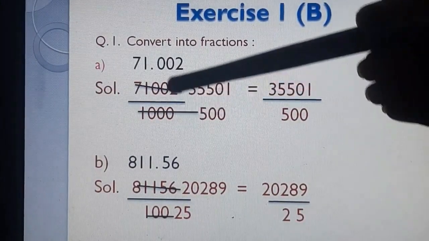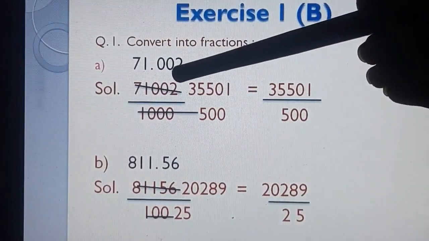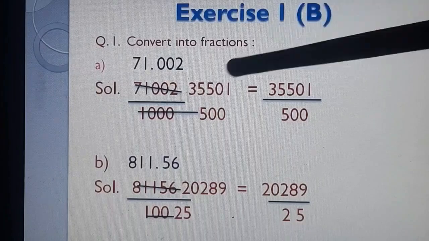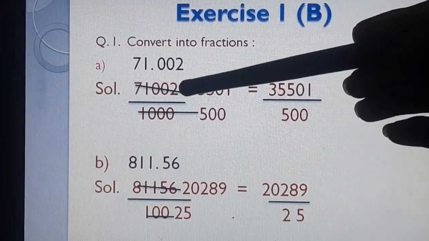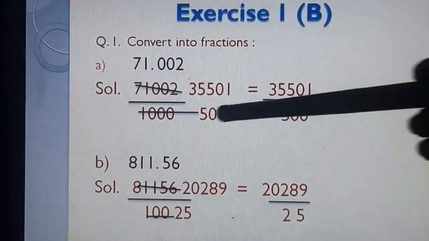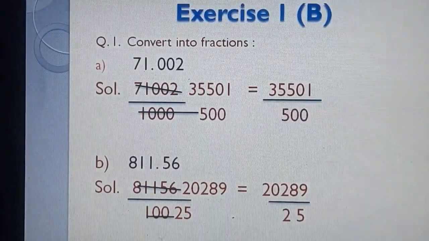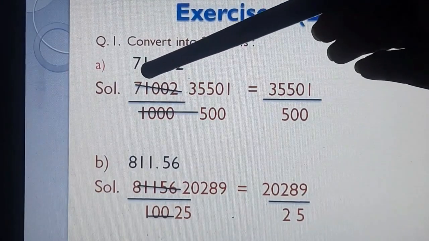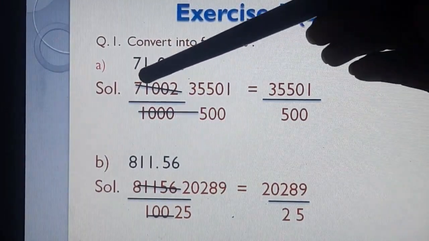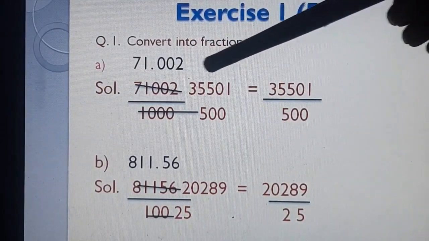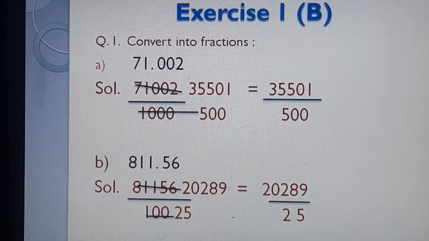So our fraction will become 71,002 upon 1000. Now we will cancel with 2 because both the numbers are divisible by 2. When you divide 1000 by 2 you get 500. When you divide the numerator by 2, 2 3s are 6, 2 5s are 10, 2 5s are 10, then 0, 2 1s are 2.